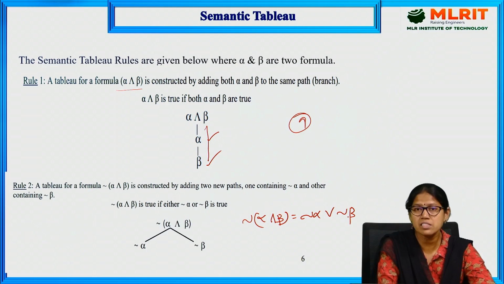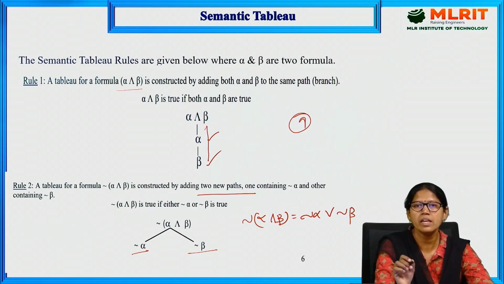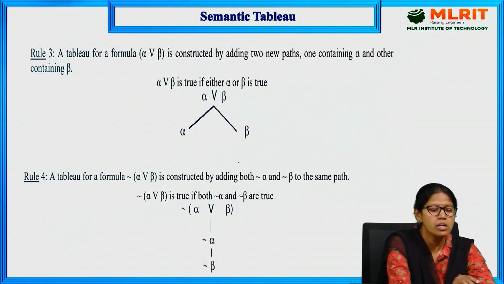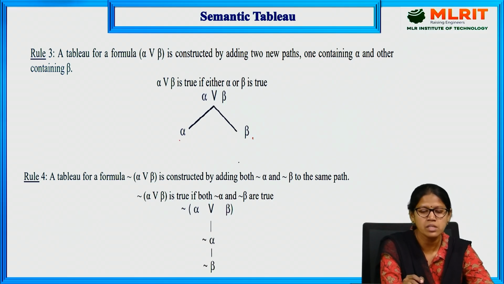So when it is an OR symbol, it will have 2 new paths, one containing negation alpha and another containing negation beta. When it is AND, it contains only one new path. When it is OR, it contains 2 new paths. The third one is alpha or beta. Already we have discussed it: 2 new paths, one is alpha, another one is beta.